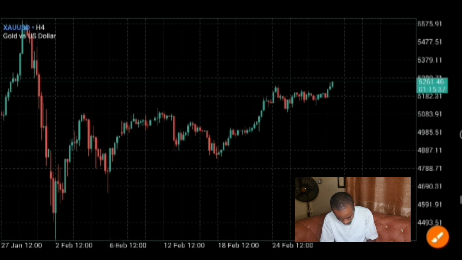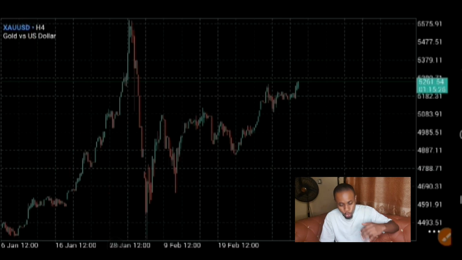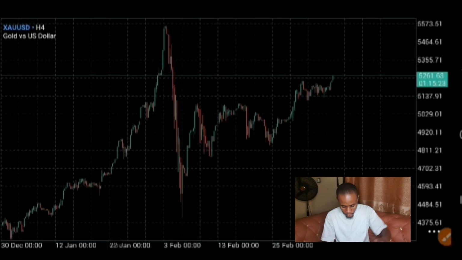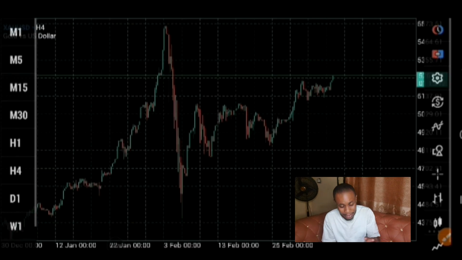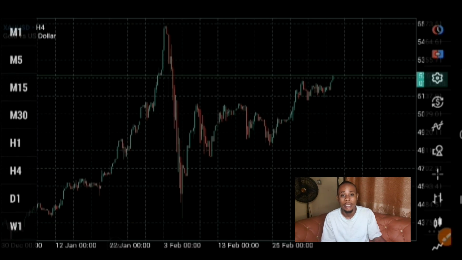So when you place your chart in the 1 hour time frame, it looks more broad, and when you place it in the 4 hours time frame, it looks smaller, but it's the same chart. But then what's the best time frame that you should use to do your trading?